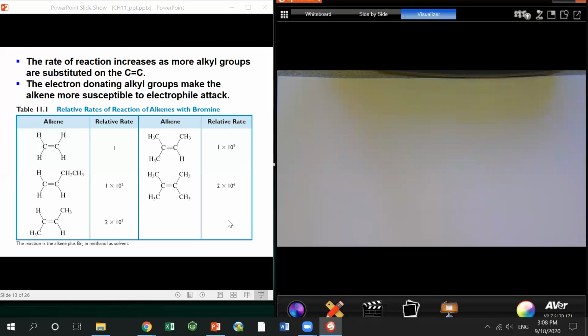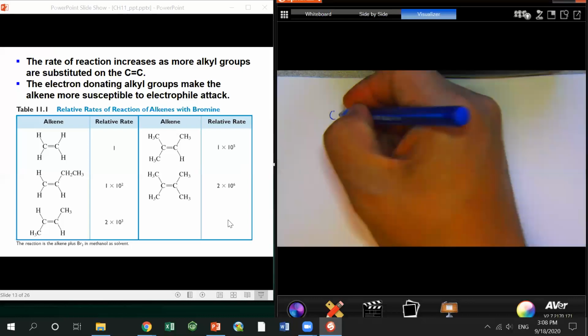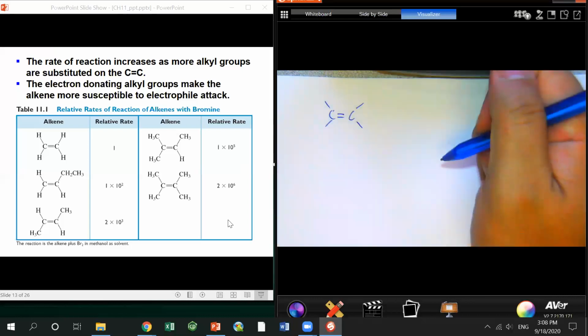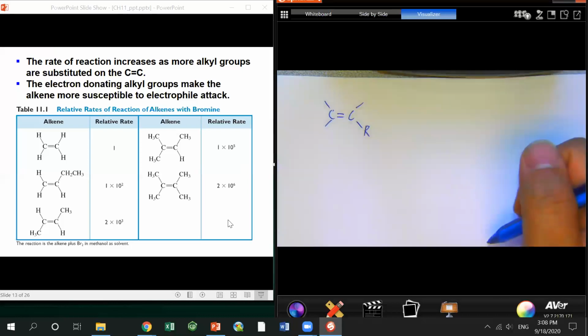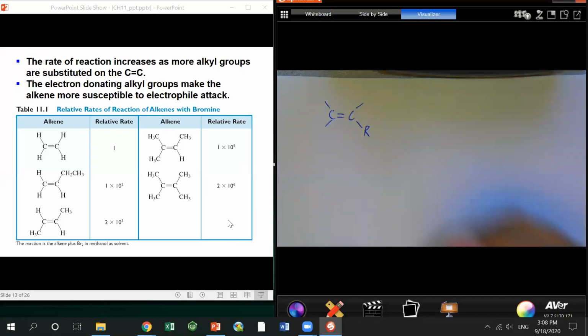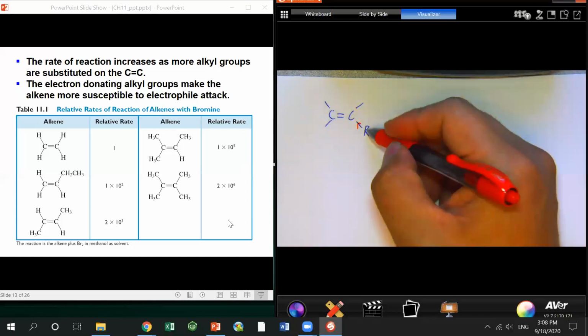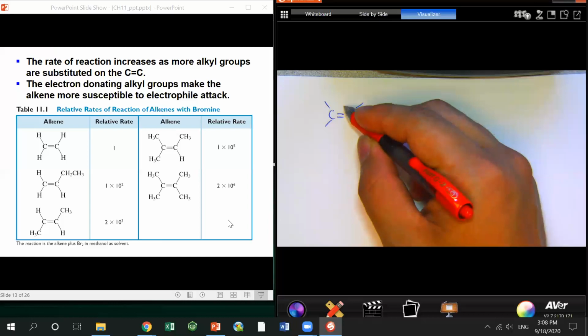Why is that? Remember, for alkene addition we call it electrophilic addition. An alkyl group has a weak electron-donating ability toward the C=C bond. If you have only one alkyl group, it can donate some electrons into the C=C bond and make it more electron rich.